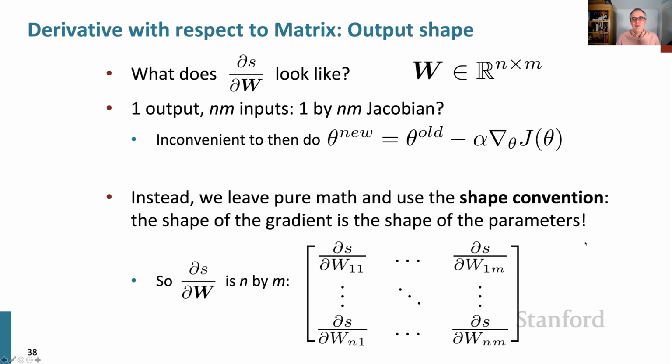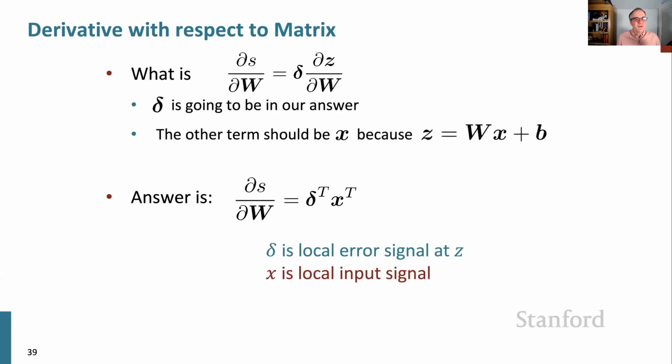Okay, so if we want to place it into this matrix shape, what are we going to want to get for dS/dW? Well, we know that it's going to involve delta, our local error signal, and then we have to work out something for dZ/dW.